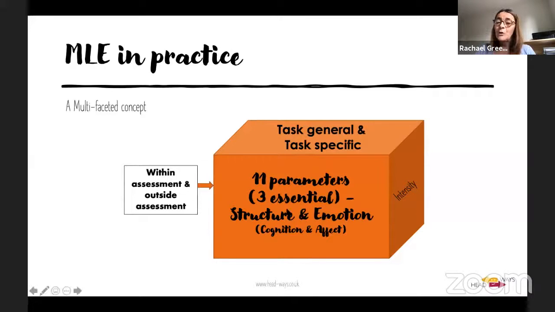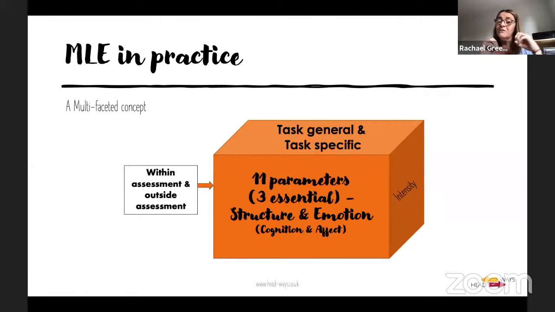But just to say that all of these aspects of this mediated conversation or interaction that you might have focus on how you help a child to structure their thinking, the structural aspects of thinking or cognition, or they focus on the emotional, motivational aspects, the affect: how you feel about learning, how you feel about yourself, what drives you to be able to engage in a learning situation.